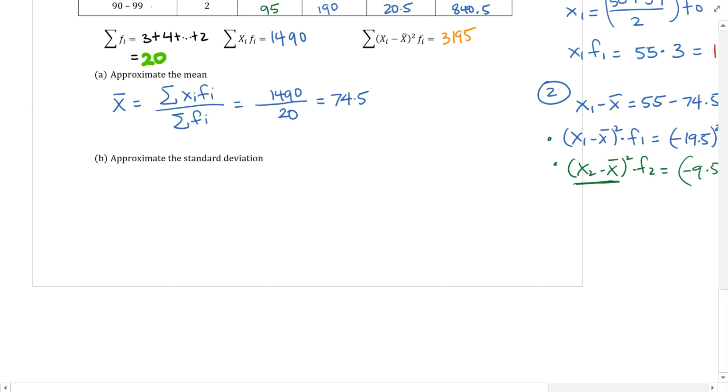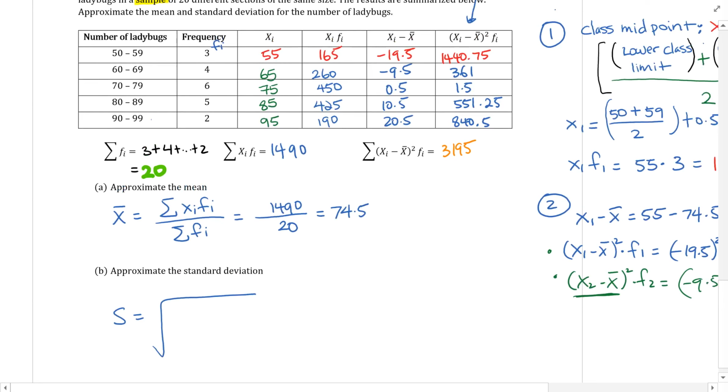The standard deviation is the square root of the summation of xi minus x bar squared fi, and the denominator is the summation of fi, sum it up, then minus 1. So let's just plug it in since we already calculated. We have a square root. Now this is the last column sum, the 3,195.